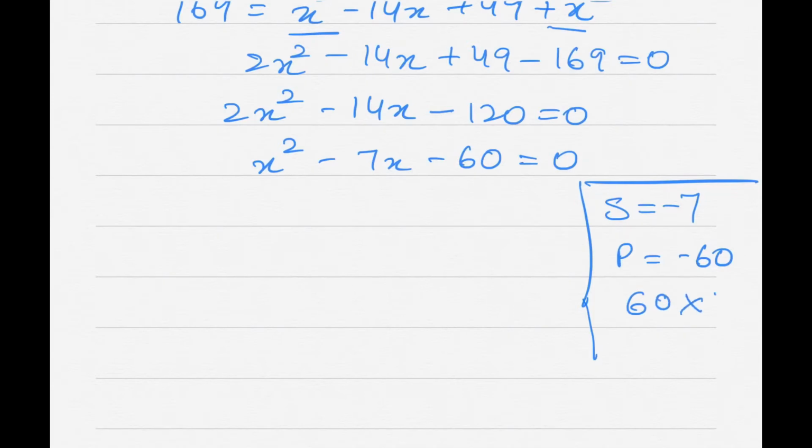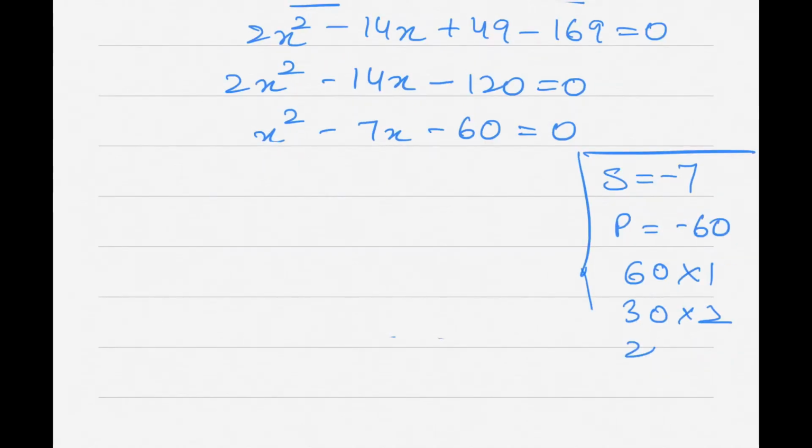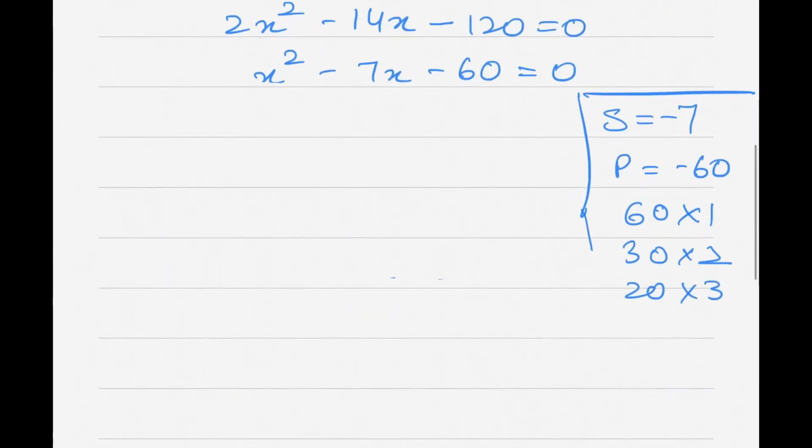So 60 is 1 into 60, 30 into 2, and then 20 into 3, then I can have 15 into 4, right? Still I haven't got the difference as 7, then 5 and 12. Okay, here the difference is 7, so this would be minus 12 and plus 5, because my sum is negative, so my larger number would be negative.